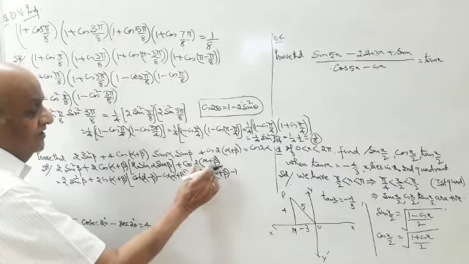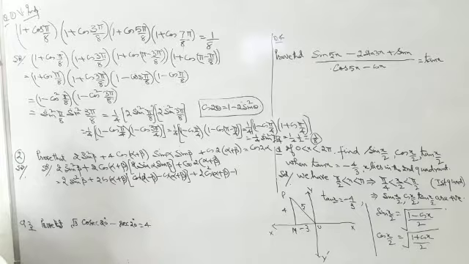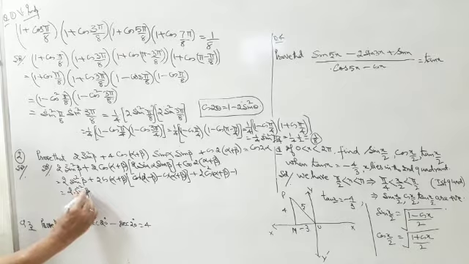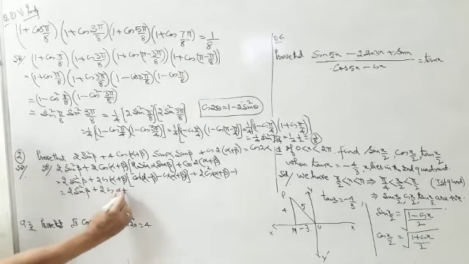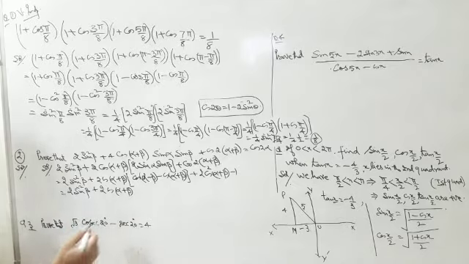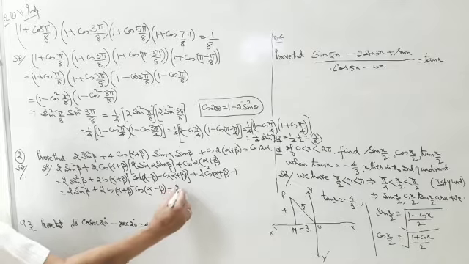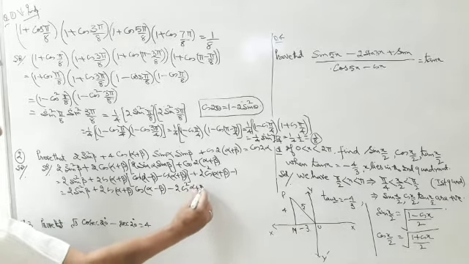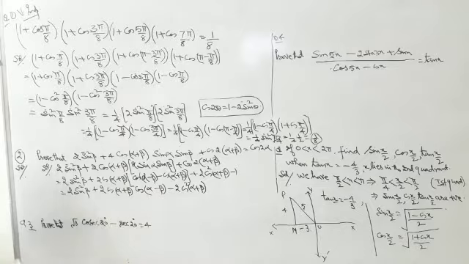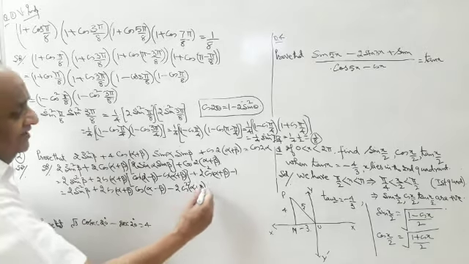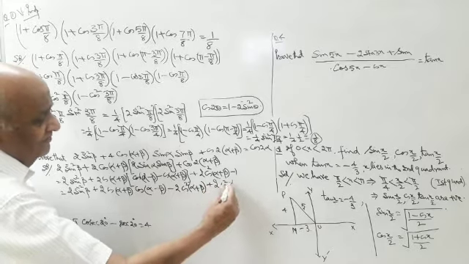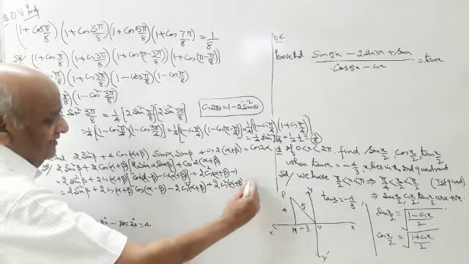This will go to 2 cos square alpha plus beta minus 1. Take it as cos 2 theta, 2 cos square theta minus 1. So it is 2 sin square beta plus 2 cos alpha plus beta cos alpha minus beta minus 2 cos square alpha plus beta plus 2 cos square alpha plus beta minus 1.